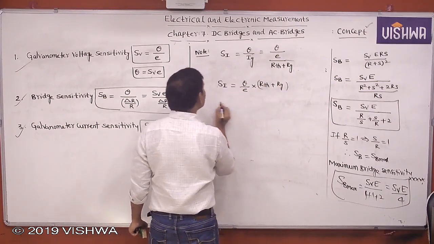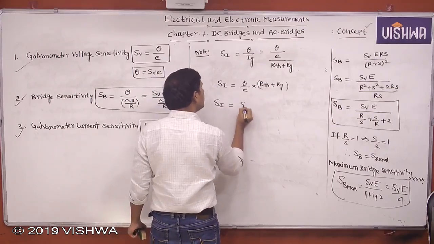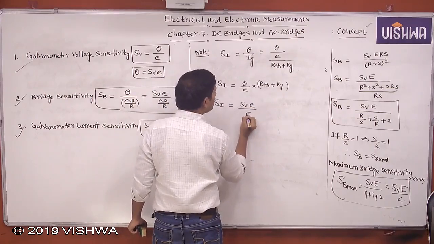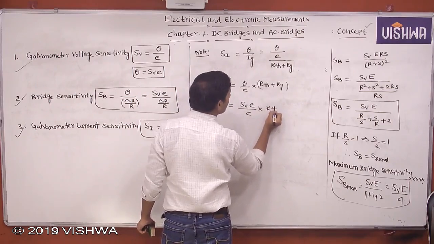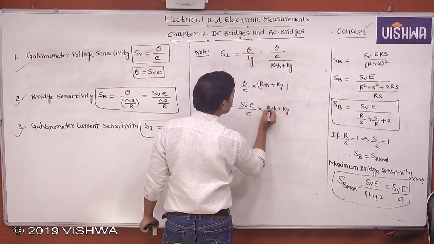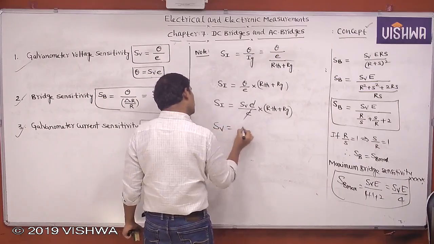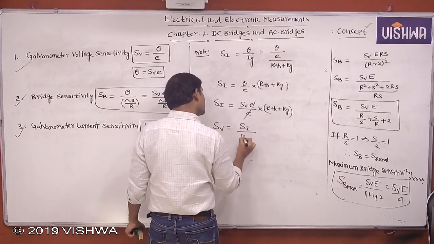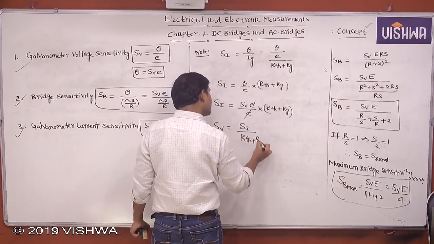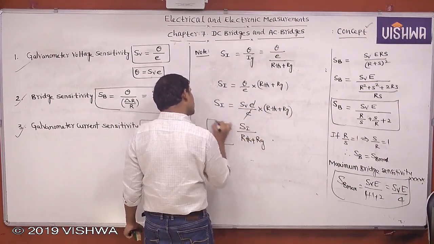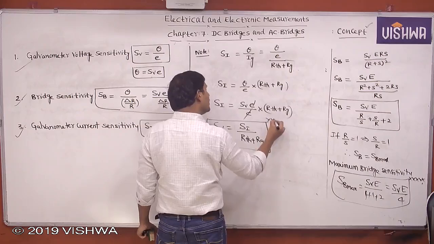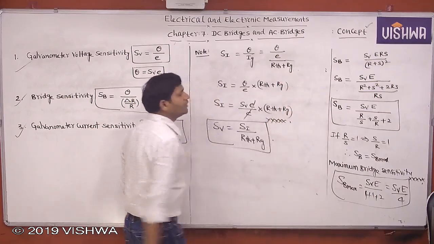S theta equals SV into E by E into RTH plus RG. I am writing one more standard relation. E cancels. Then SV equals SI by RTH plus RG. RTH is Thevenin's resistance, RG is the galvanometer resistance. This is the relation between current sensitivity and voltage sensitivity.